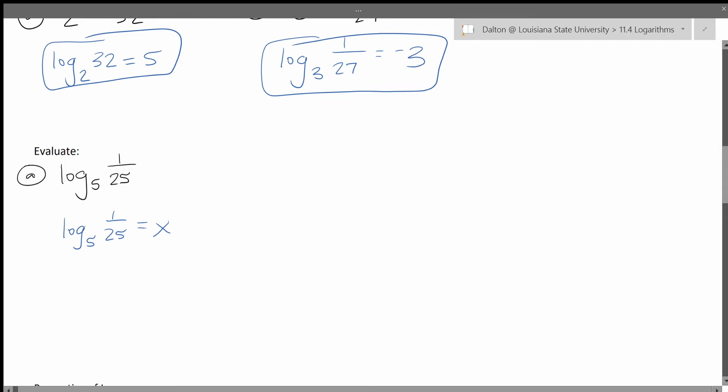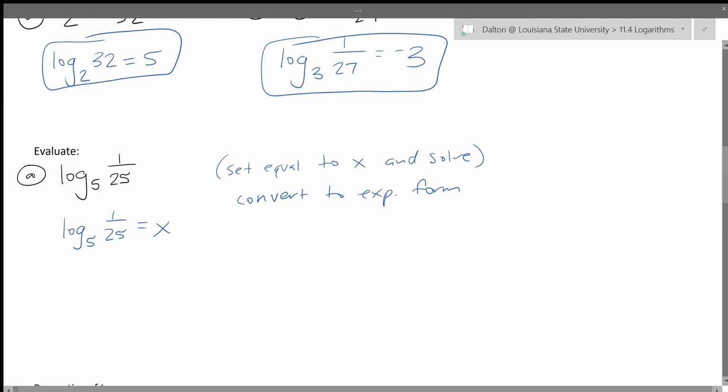So anytime you evaluate, essentially what you want to do is set equal to x and solve. So get x by itself. Not only do you want to solve, but in order to solve, that will probably involve just convert to exponential form. Because we kind of understand exponents a lot better than we can understand logs.